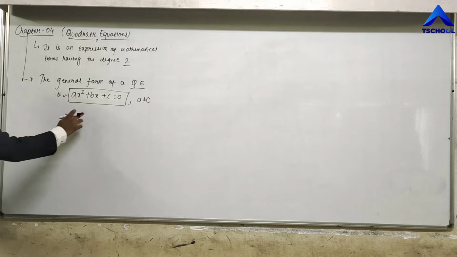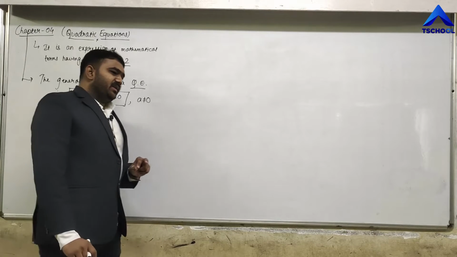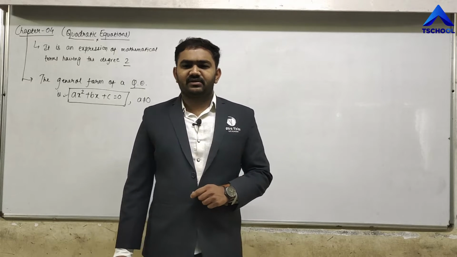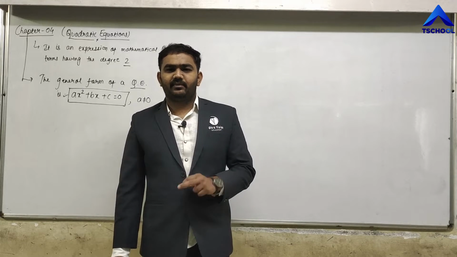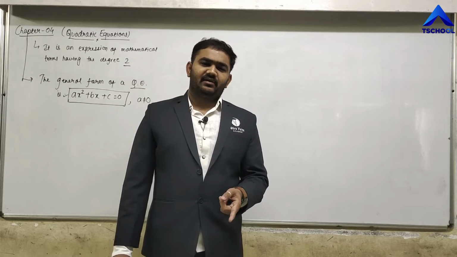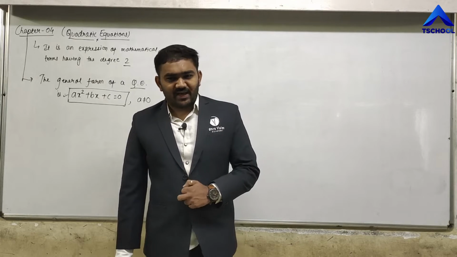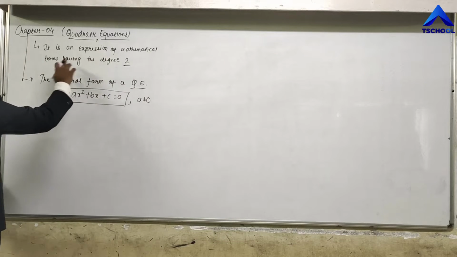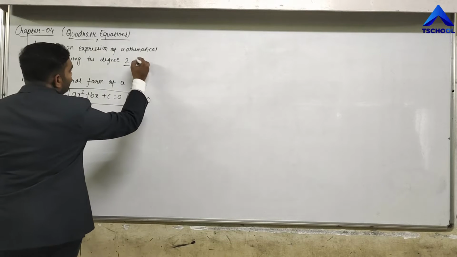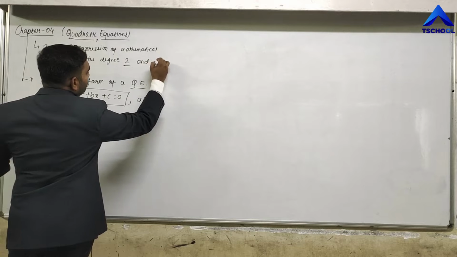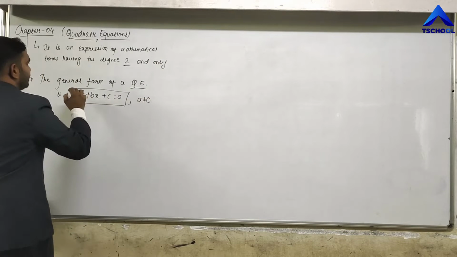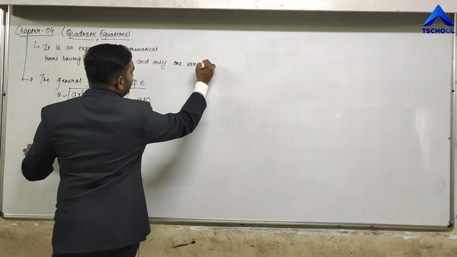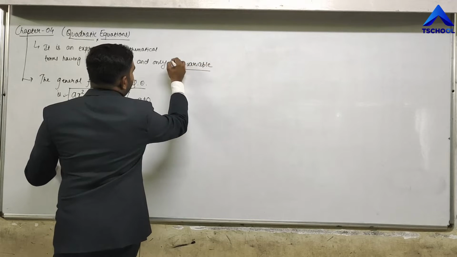Again, you might notice that in the previous chapter, the pair of linear equations in two variables, there we had two variables. Now again we are dealing with equations which have only a single variable. So it is an expression of mathematical terms having the degree 2 and only one variable, right?